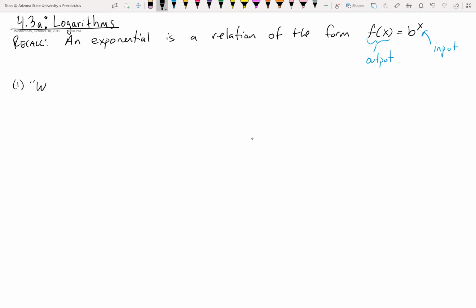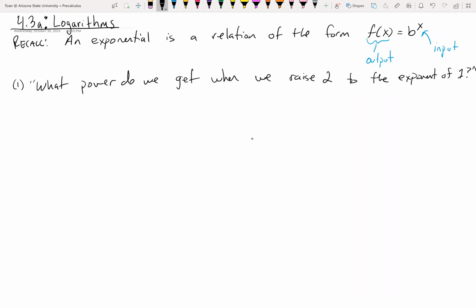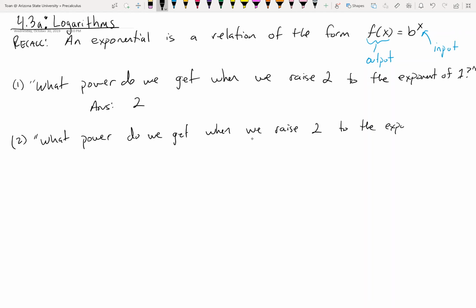Question number 1. What power do we get when we raise 2 to the exponent of 1? Of course, the answer, everyone should know, is just 2. What if I asked you, what power do we get when we raise 2 to the exponent of 2?